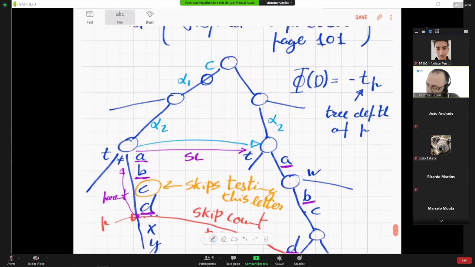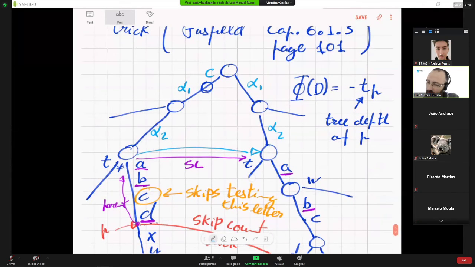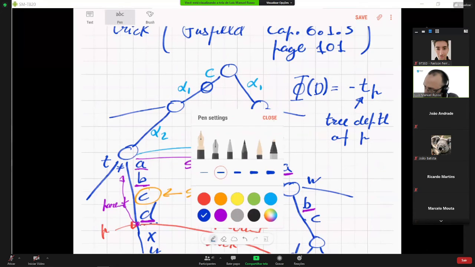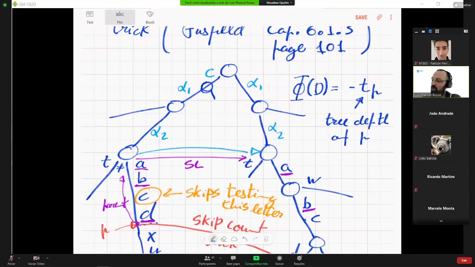Okay, but it's true. You might also lose one node over there, right? That's the problem with using the tree depth, right?